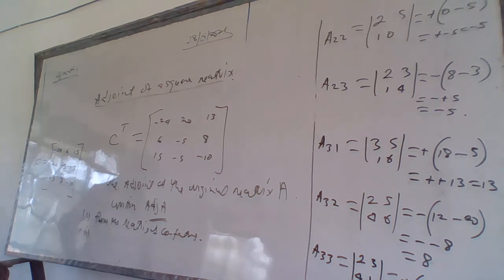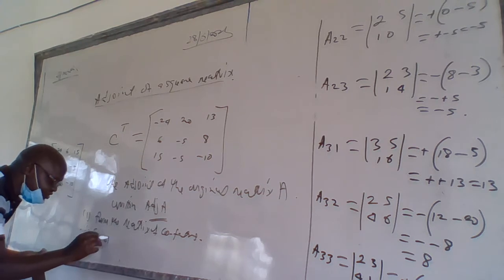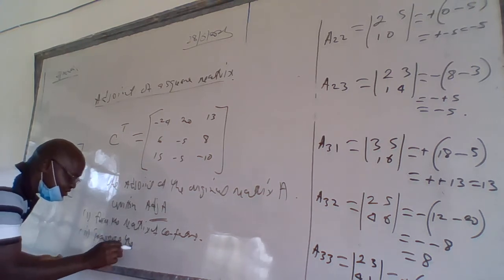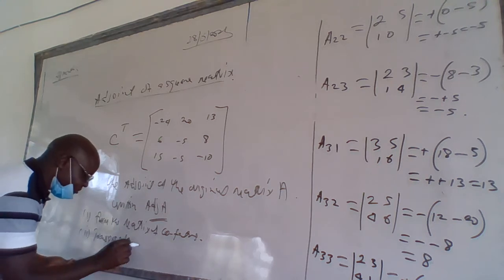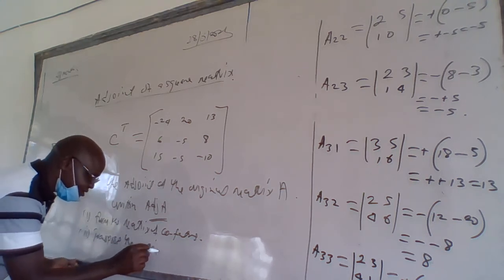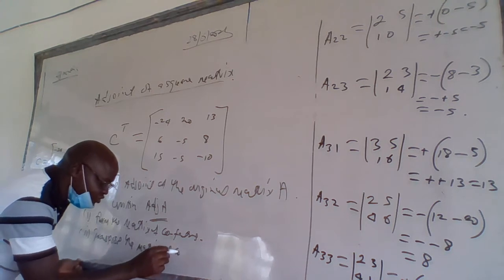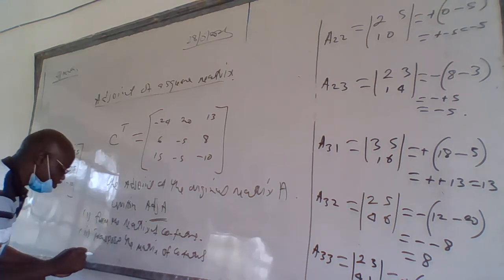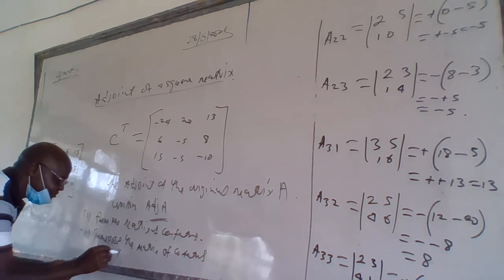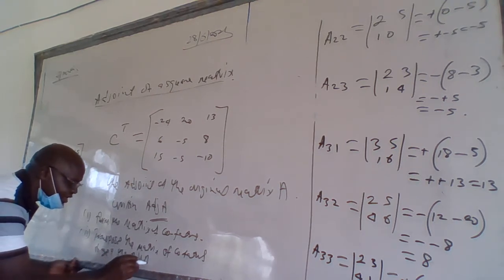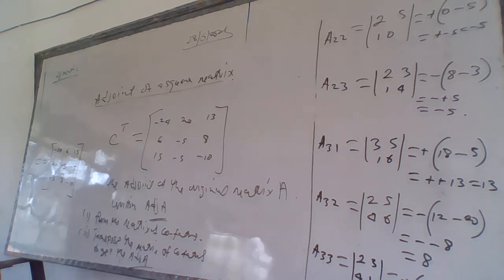Then step two, transpose the matrix of cofactors to get the adjoint of A. There are simply two procedures there. Form the cofactors, then you transpose. Then you will have the adjoint of the given matrix.